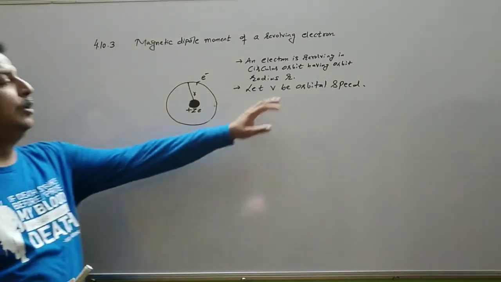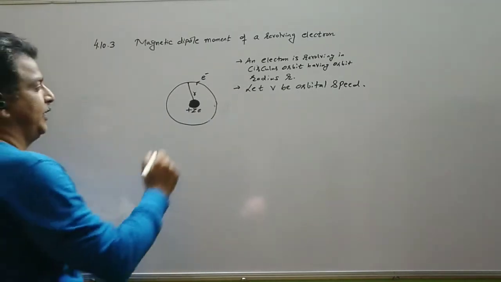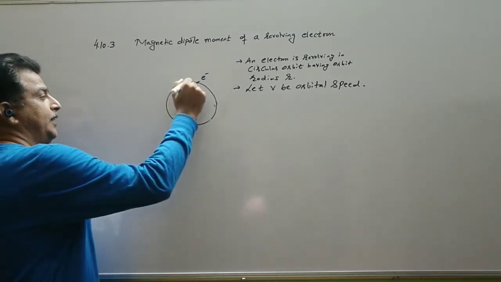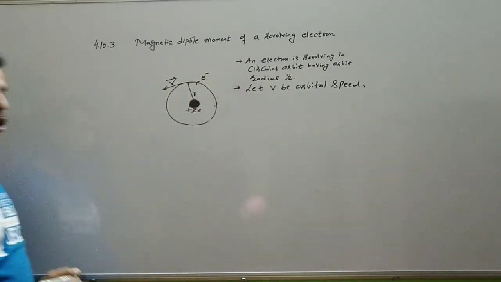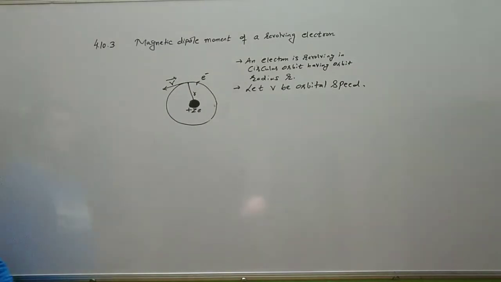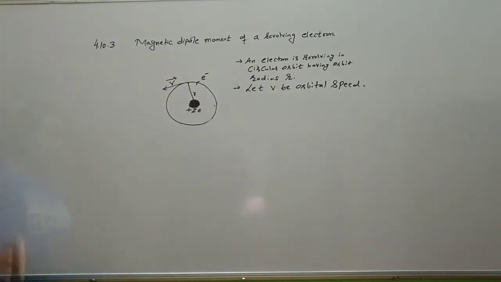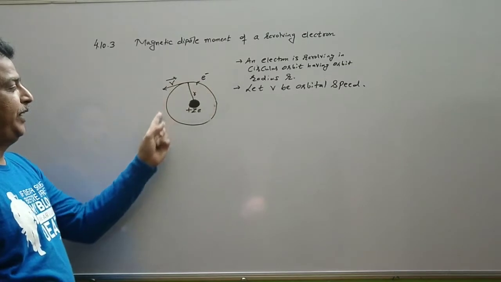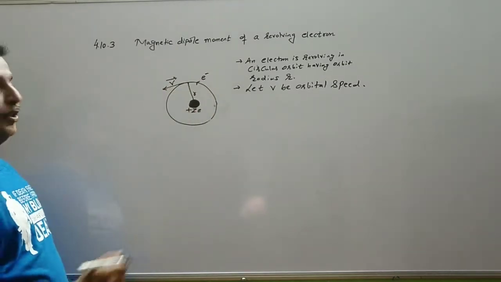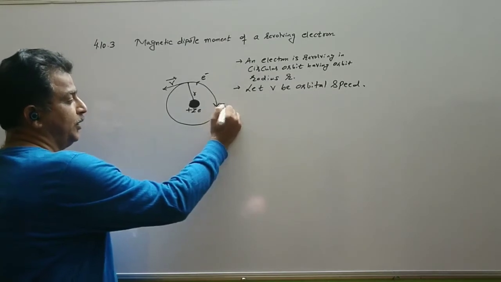So V is the orbital speed, and if we take a direction, then it is along the tangent. So we call it an orbital velocity. The speed we assume remains constant. It is a uniform circular motion, we assume it. Now if the electron is moving in an anti-clockwise direction, the motion of the electron constitutes a current.